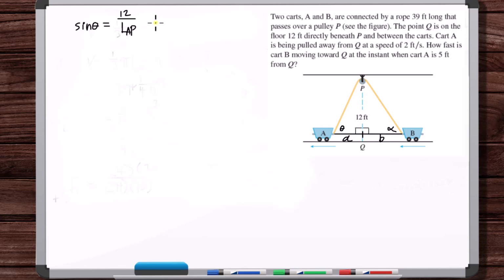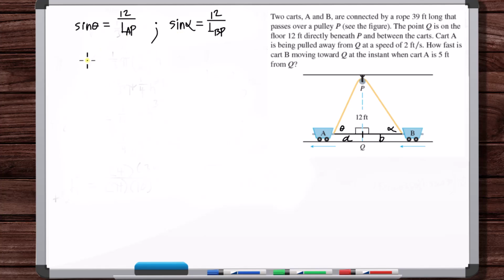Now, sine of alpha is equal to 12 over L_BP. You can see that L_AP sine of theta and L_BP sine of alpha are both equal to 12.